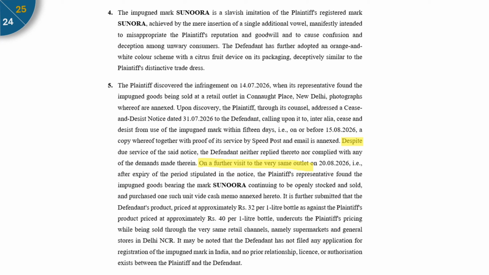Okay, so here we are talking about the discovery, a specific date and a specific location, and it says photographs are annexed. So remember one thing: you never allege a discovery without saying when, where, and what evidence backs it up.